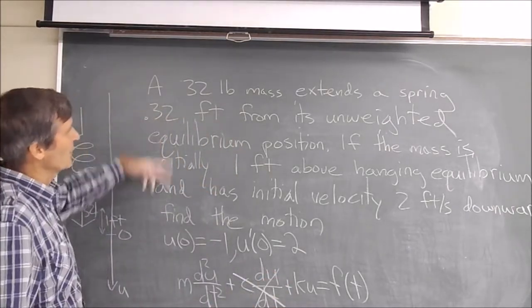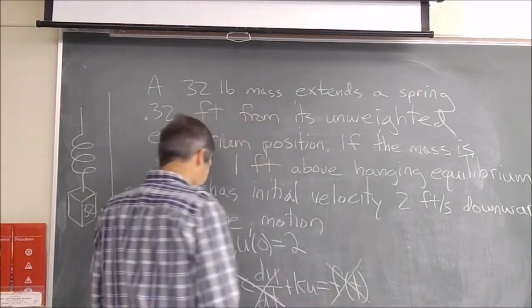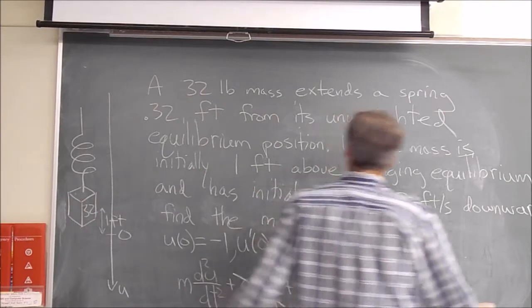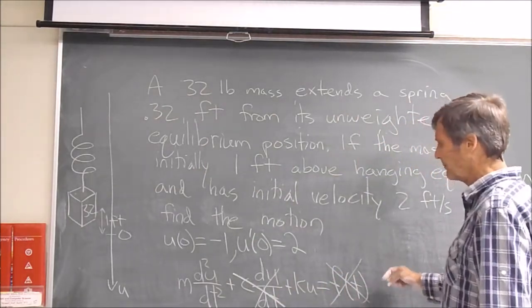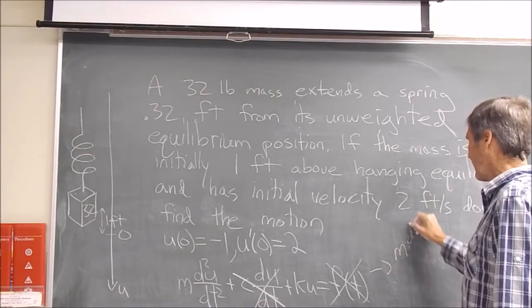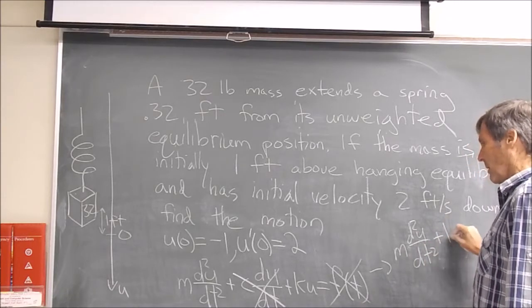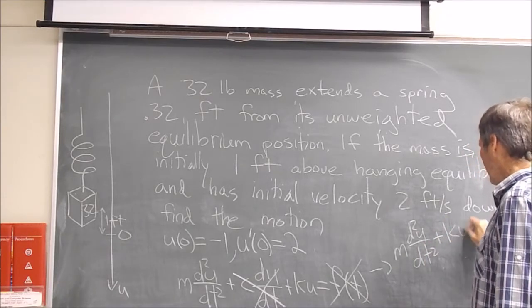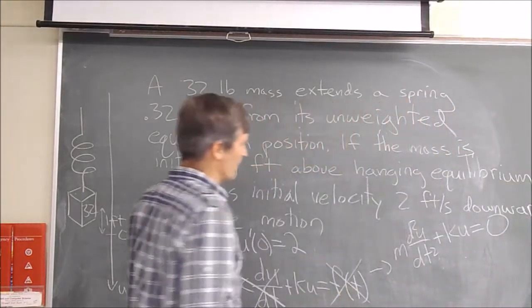And there's no forcing function, right? We're not pushing it with some external force. So this one's 0. That means that for this case that we've written up, we have that m d squared u dt squared plus ku equals 0. This is the simple harmonic motion case, it turns out, right?